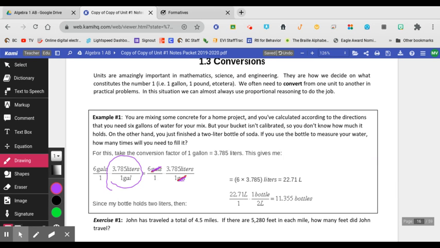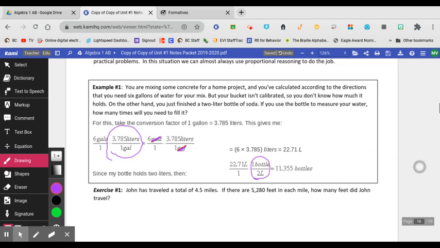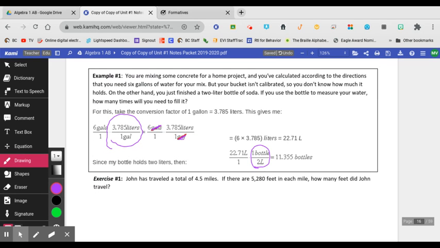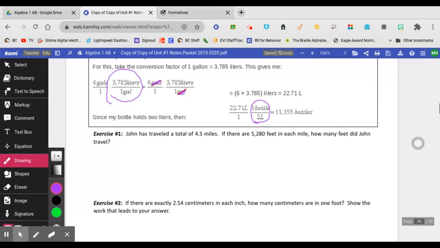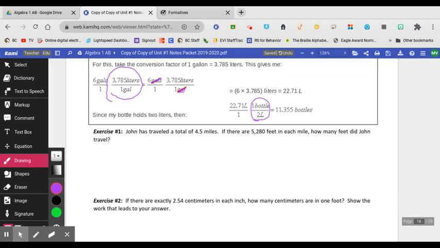And we know that our bottle is 2 liters. So again, we multiply one bottle over 2 liters, and we need to fill it 11.355 times. That would perhaps be difficult to do, the 0.355, but concrete doesn't always need to be exact.